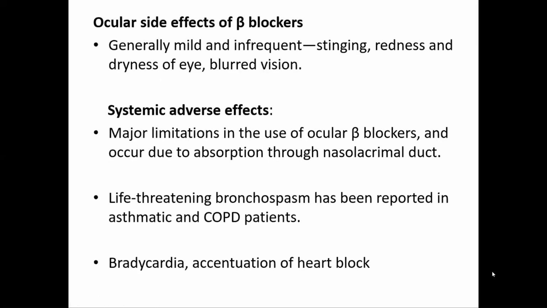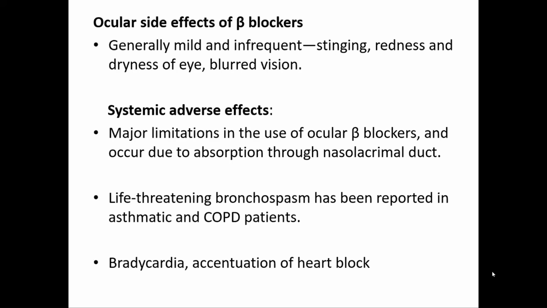So what are the ocular side effects of beta blockers when they are given via eye drops or topical application? They are generally mild and infrequent, which can cause stinging, redness, dryness of the eye, and blurred vision.